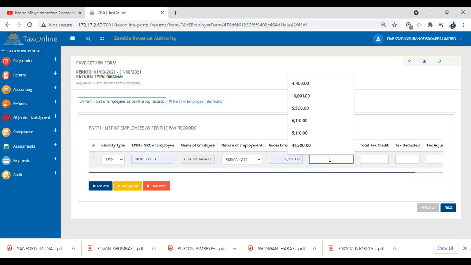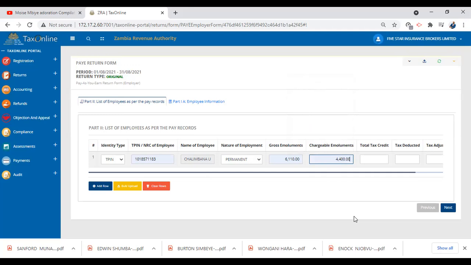So if the salary itself, the other emoluments as well as the tax is, for instance, 6,110, and you remove the gratuity, maybe the money which is chargeable to tax is 4,400 kwacha.